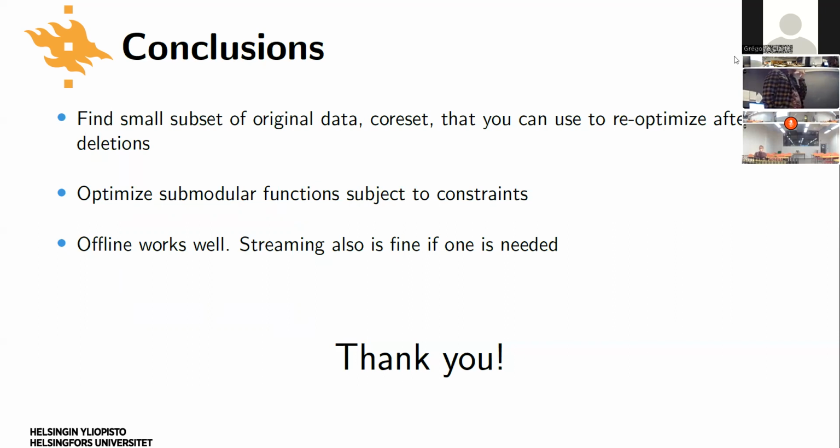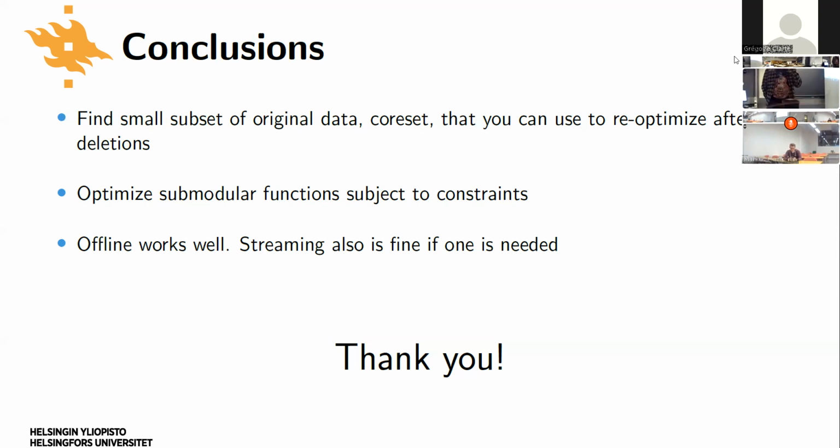So that's about it. To me, this paper is more like a study of what you can do with coresets, and this setting is very specific. It may not be the one that you're interested in, but the general idea of doing this re-optimization on a small set is kind of interesting.